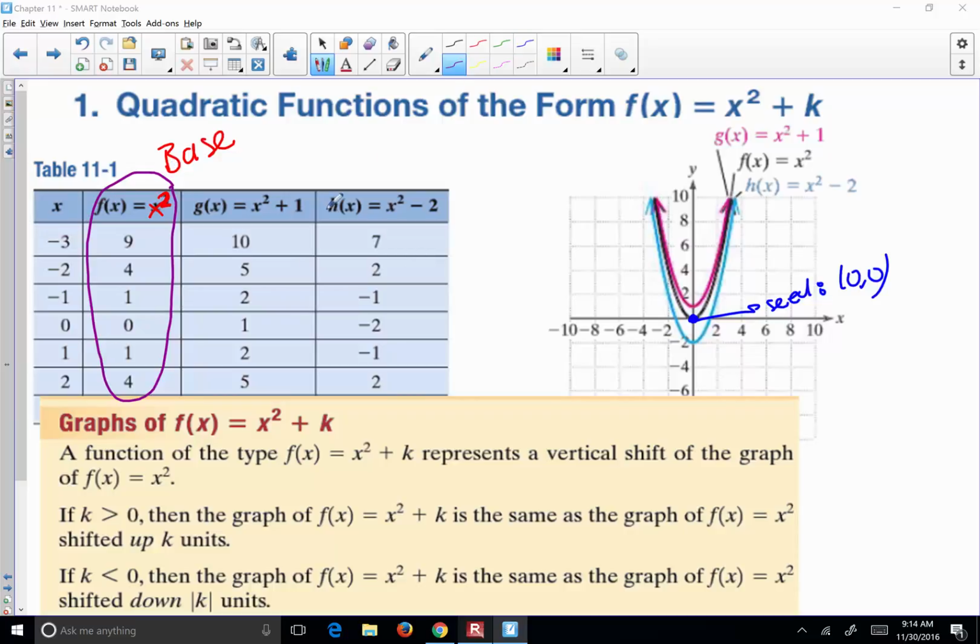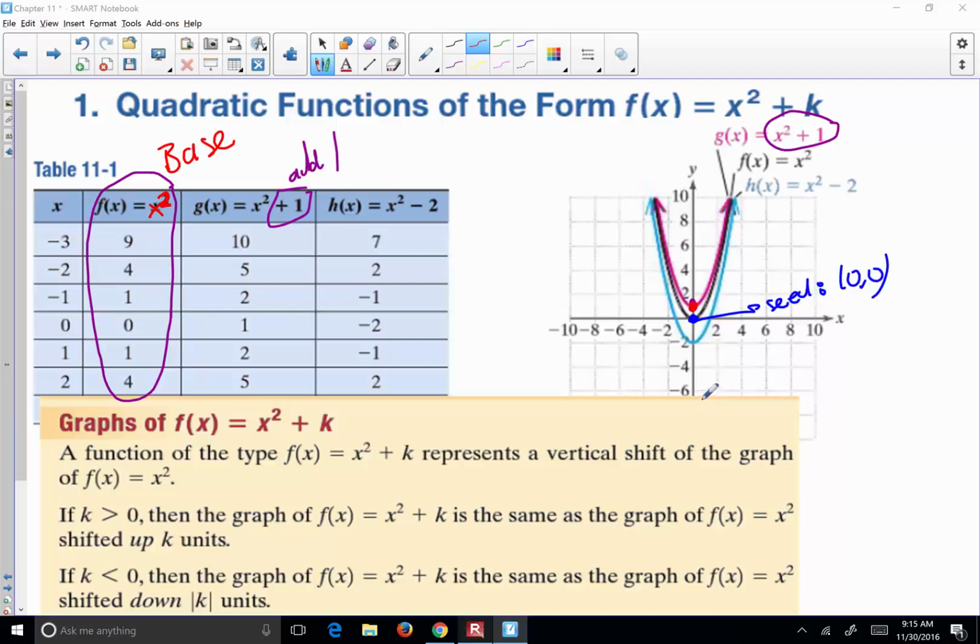Look, they added 1 to the base function. Add 1. What happened to the graph? It's the red graph right now. What just happened to the graph? Look. Can someone describe what happened to it? It moved, right?